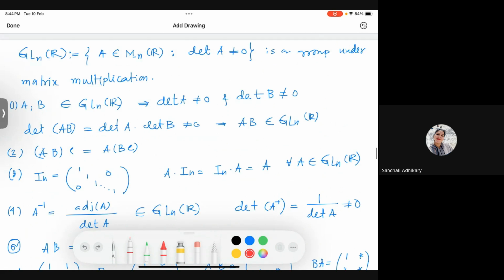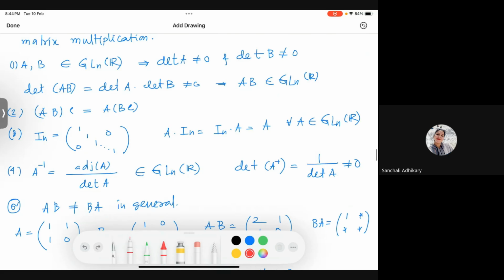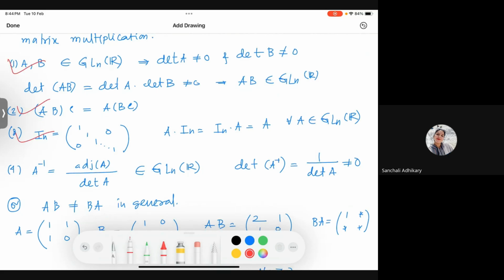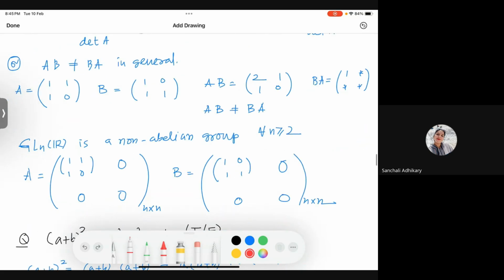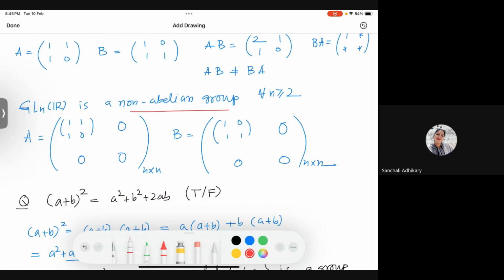So this is a group with respect to matrix multiplication. Just check the 4 properties. But this is not commutative. Take A equal to this and B equal to this, then AB is not equal to BA. So GLn(R) is not commutative, or not abelian.